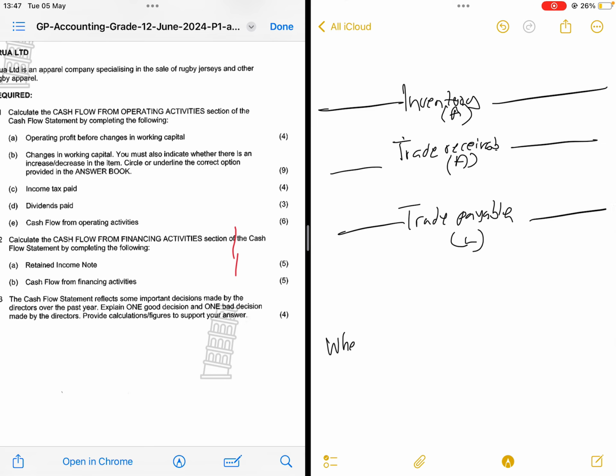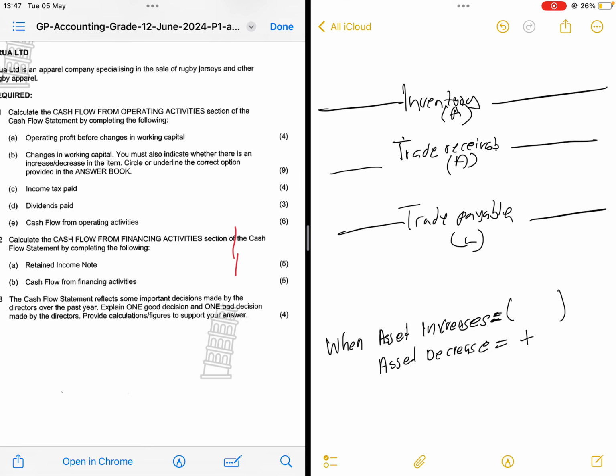So when an asset increases, the effect will be what? Will be outflow. When an asset decreases, the effect will be what? Inflow.